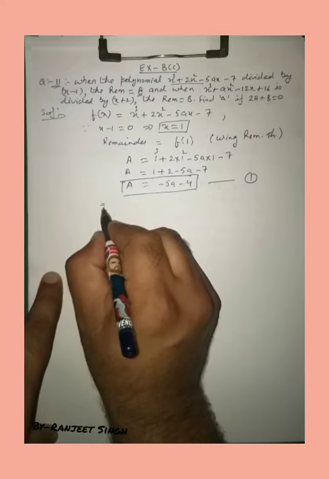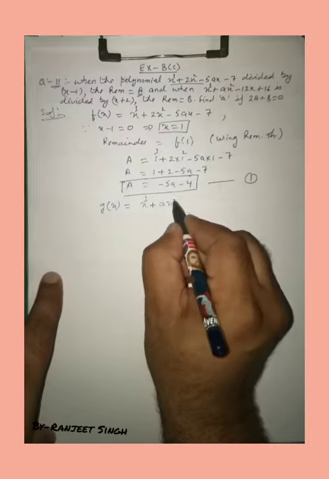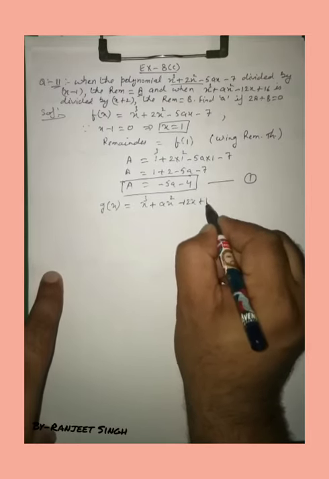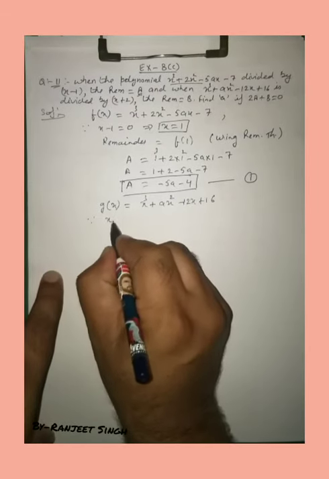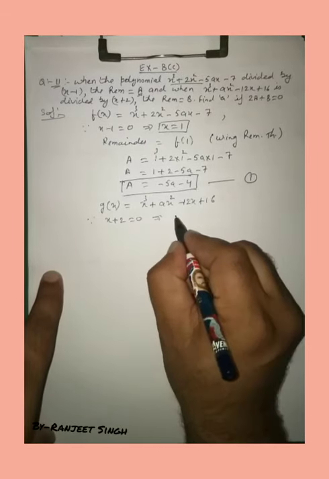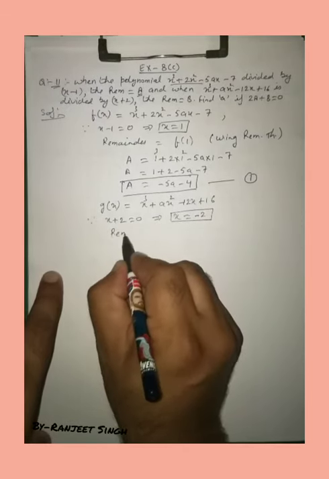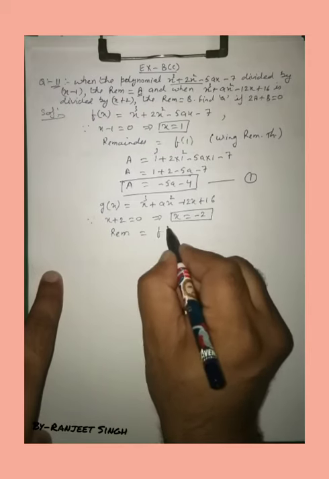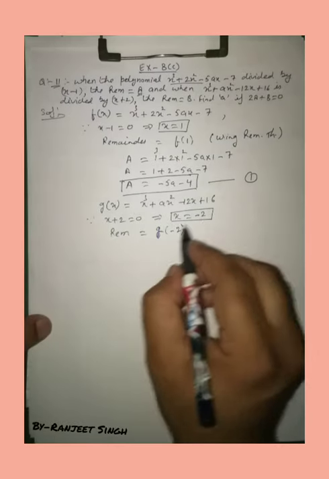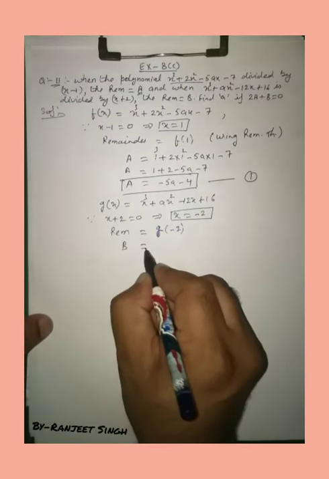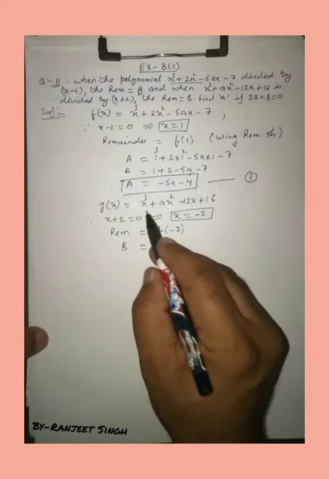Now g of x, the other expression, is given as x cube plus ax square minus 12x plus 16, and this is divided by x plus 2. Since x plus 2 equal to 0, from here I get x is equal to minus 2. Now the remainder is g of minus 2, and here it is given as b. So b is equal to, in the expression g of x, I will replace x with minus 2.